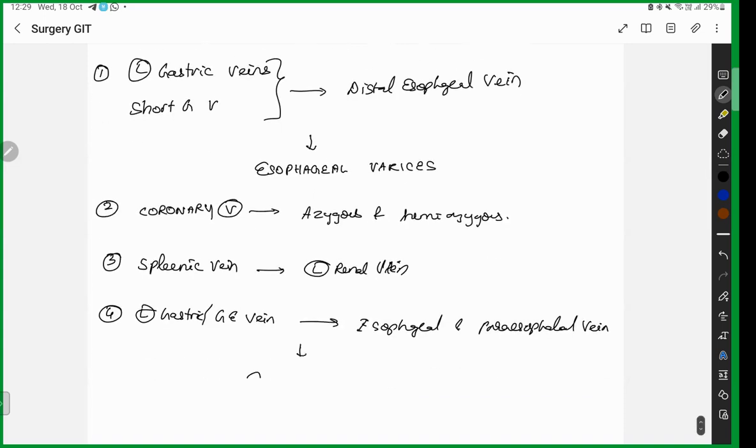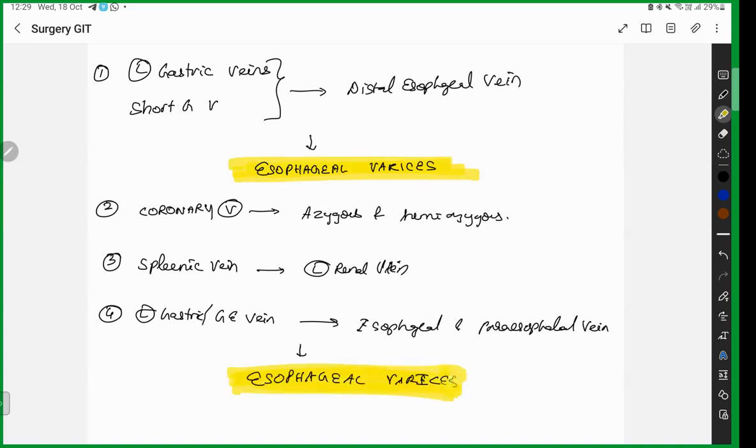And this is also going to form esophageal varices. Yes, all these are important. All these things are the ones that cause upper GI hemorrhages. So what we are looking at now is upper GI hemorrhage. This portosystemic shunt and this shunt both are going to give rise to the so-called upper GI hemorrhage. That is what we are discussing here.